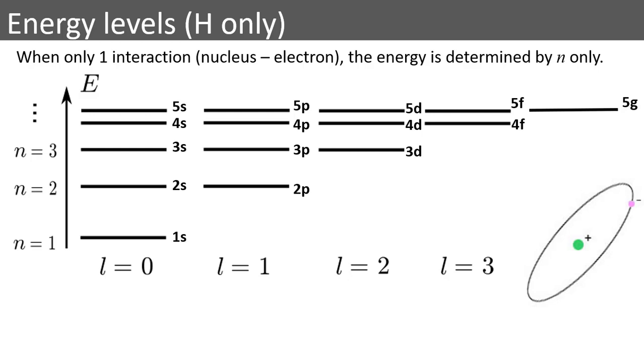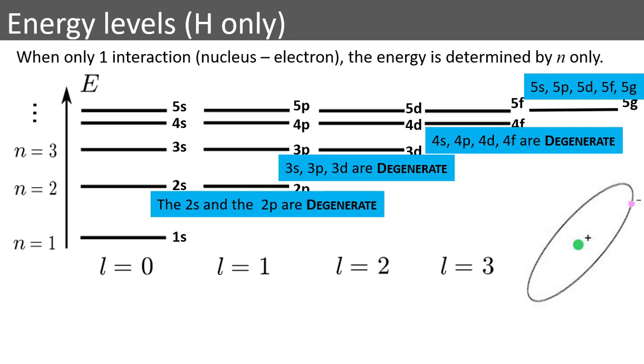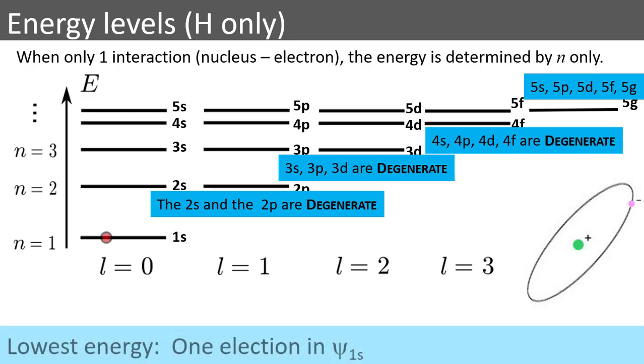We say any orbitals that have the same energy are degenerate. In this case, the ground state is obtained when we put the one electron into the 1s orbital. The shape of the hydrogen atom is thus the shape of the 1s orbital with one electron in it.